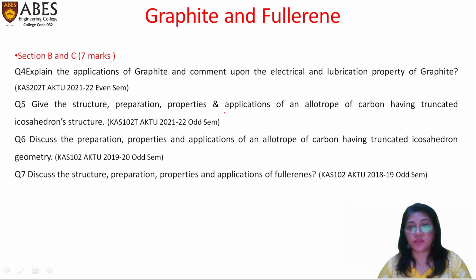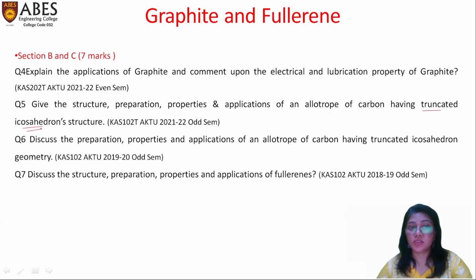And question number 5. It is asking the structure, preparation, properties, and application of an allotrope of carbon. Diamond, graphite, and fullerene are allotropes of carbon. Here they are asking about the allotrope of carbon having a truncated icosahedron structure.